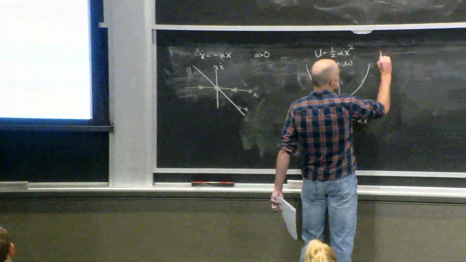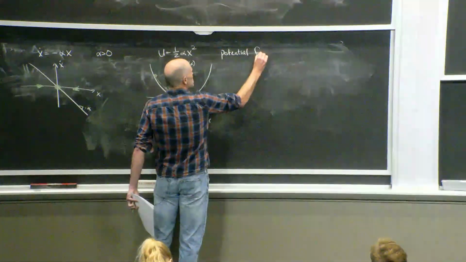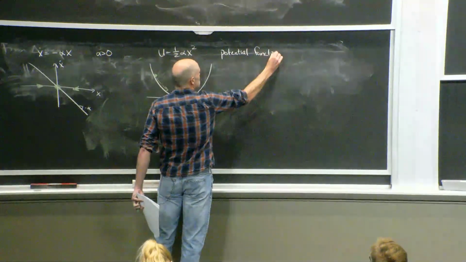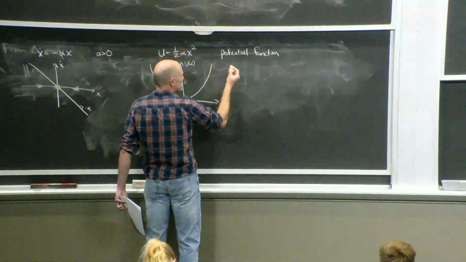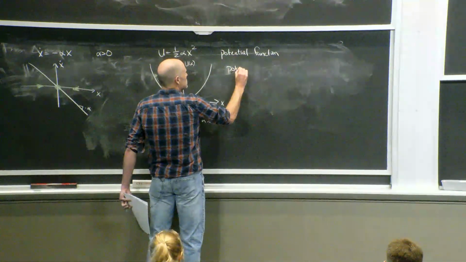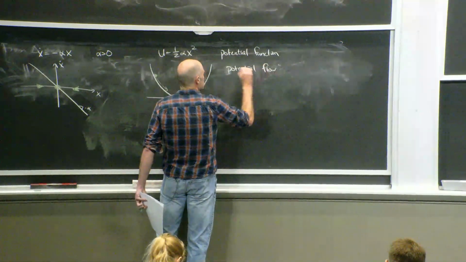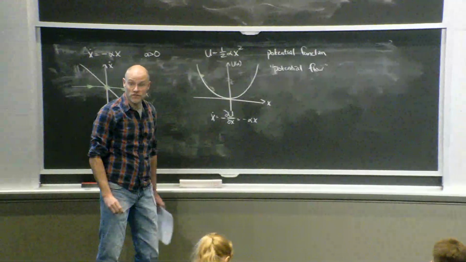Okay, so you could just say this is the potential function version of that. It could be a Lyapunov function too, of course, but sometimes people call this gradient flow or potential flow. It's a perfectly valid way to describe dynamics.